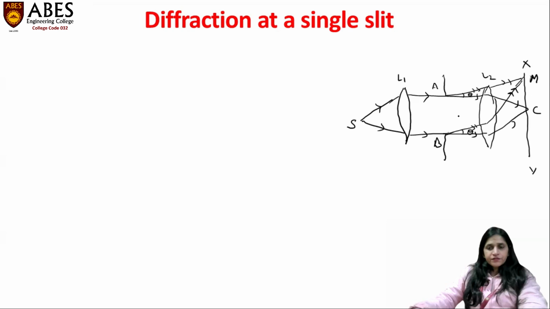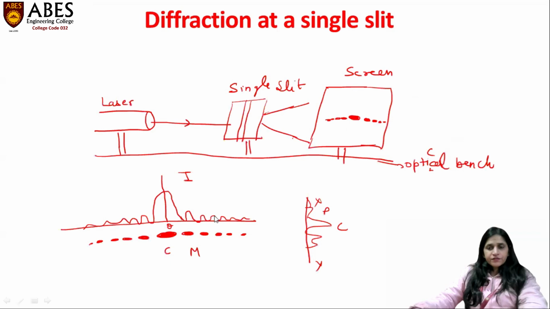So for calculating the intensity, this is nothing but the central maxima C and the other maxima M, as discussed over here. We are going to calculate the intensities over here.